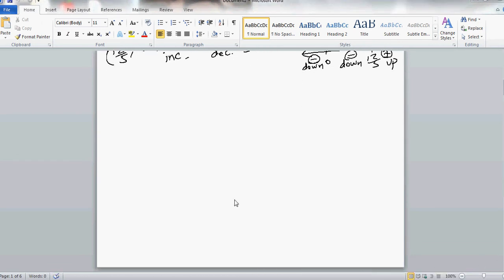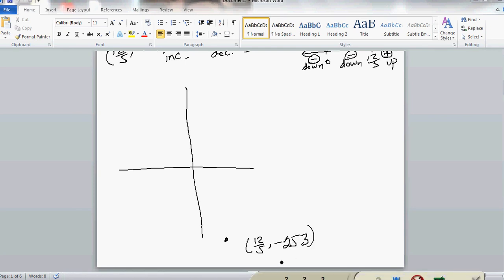I'm going to put in the points that I know first. So 12/5, negative 253, right there. And that's an inflection point, a point of inflection. Then we have 0, negative 200, so that's going to be maybe somewhere here.